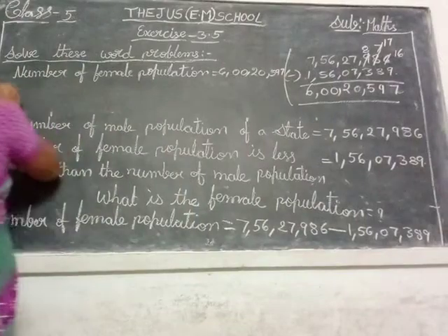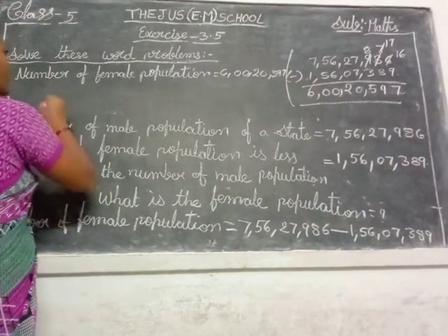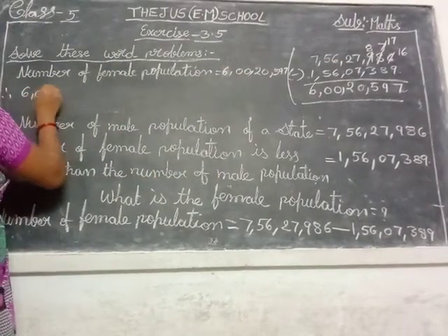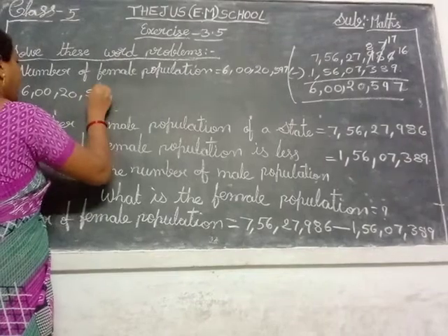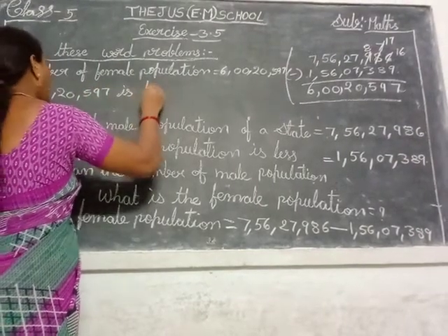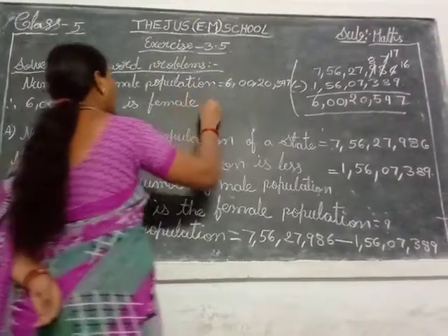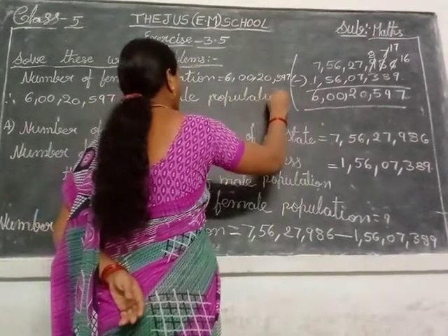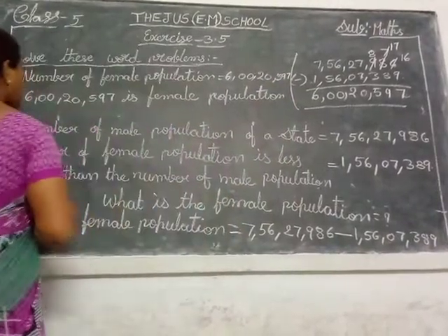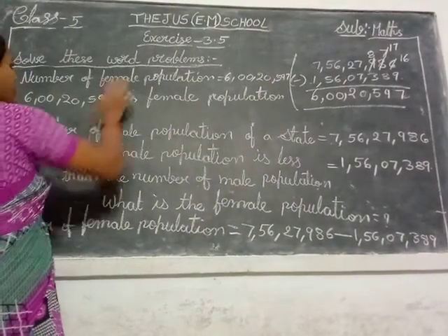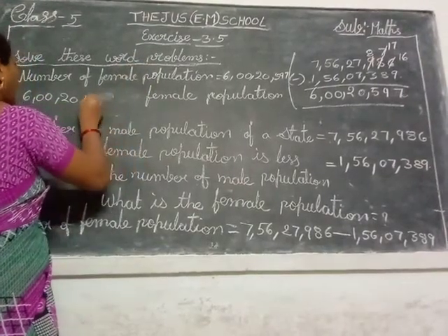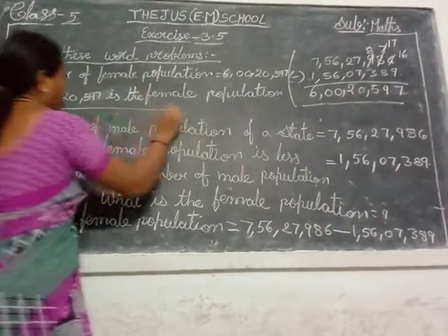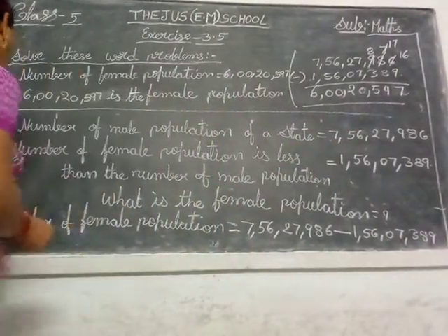So here write the conclusion last. 6 crore 20,597 is the female population. He asked what is the female population, so you write 6 crore 20,597 is the female population. Okay children, after this step you write this step.